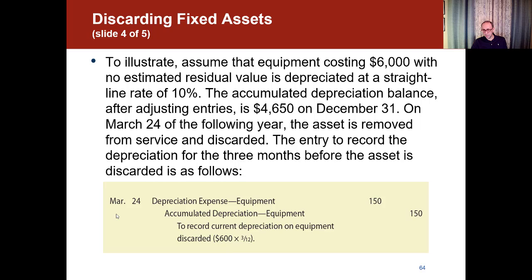We're doing this adjusting entry before we sell or discard this equipment, so we want to update the depreciation expense and the accumulated depreciation before end of year. So on March 24th, we debit depreciation expense, and we credit the accumulated depreciation for equipment for $150. Again, how did we get the $150? It's the $6,000 multiplied by the 10% multiplied by 3 over 12, and that would be $150.